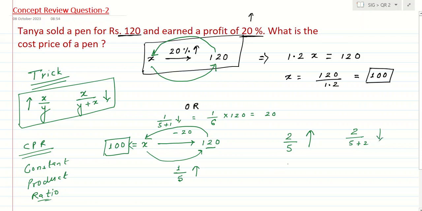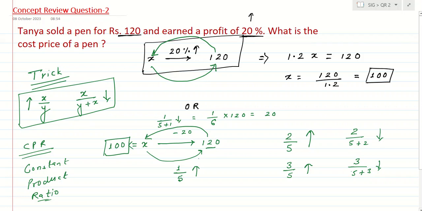If I am increasing a number by 3 by 5, I must decrease it back to get the same number by 3 upon 5 plus 3. Make sense? So while increasing, the lower value is the original value. While decreasing, of course, the higher value is the original value.